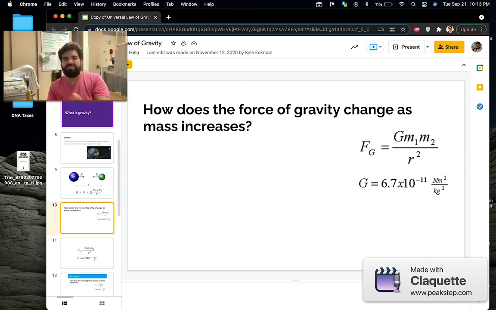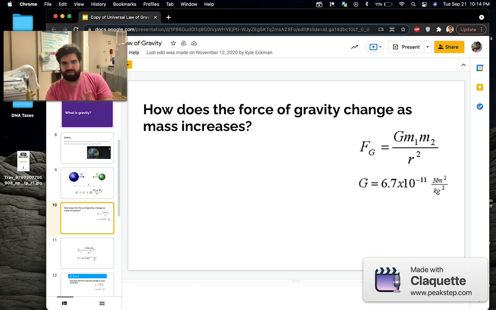It's 6.7 times 10 to the negative 11 Newton meters squared divided by mass squared. You can see how that's kind of derived if you were to put those units in with mass and with that distance squared and see what that balances out to. You would get newtons by multiplying the constant times the two masses and divided by the square of that distance. But this is what it looks like.